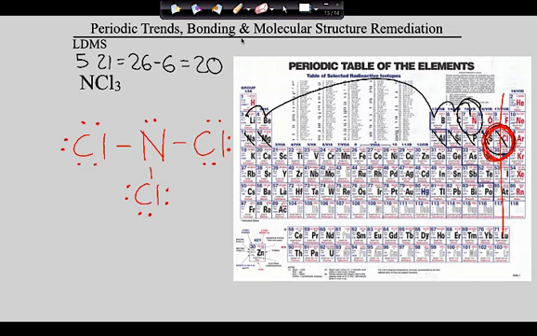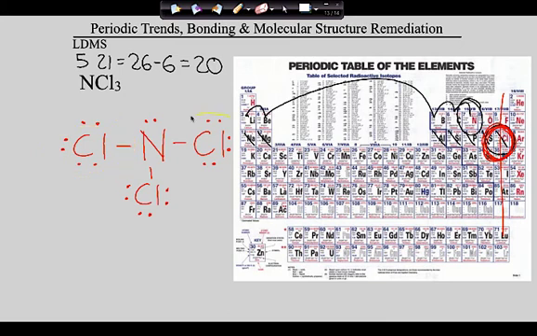And in doing this, and you don't need to draw these circles, but to help you see what we're looking at, you'll notice that this chlorine is surrounded by 8 electrons. 2, 4, 6, and then the bond is 8. So that chlorine is full, and it's got its 8 valence electrons.